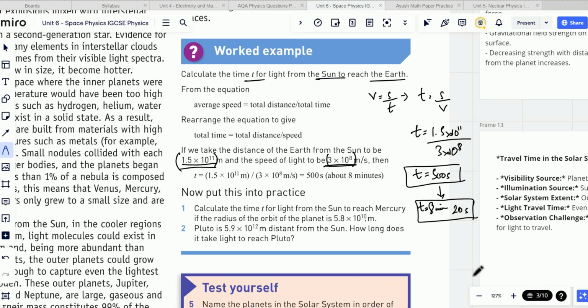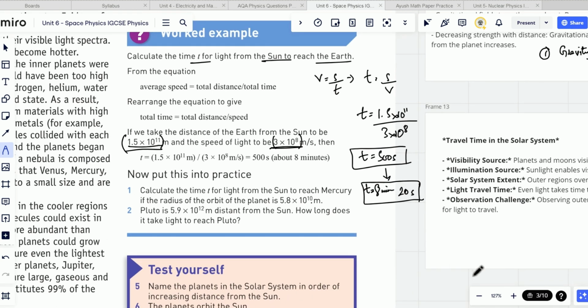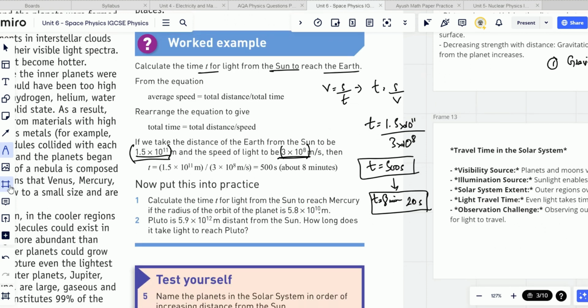So if the sun vanishes, we would get to know about it only after 8 minutes 20 seconds. If anything happens to the sun, we won't know about it for another 8 minutes. Got it? This is what you need to remember. I'll make a frame of this as well.